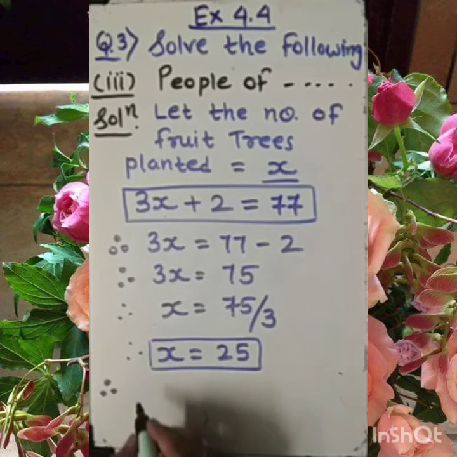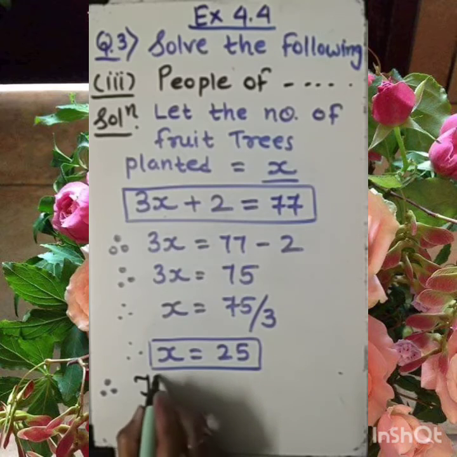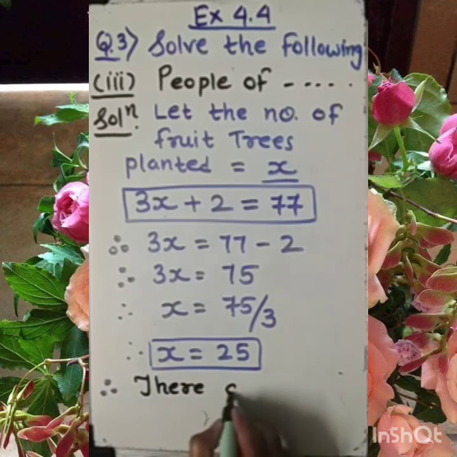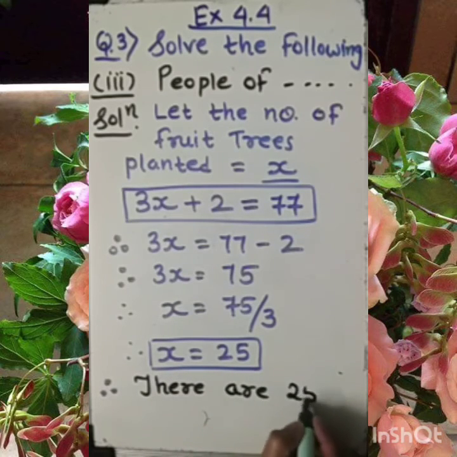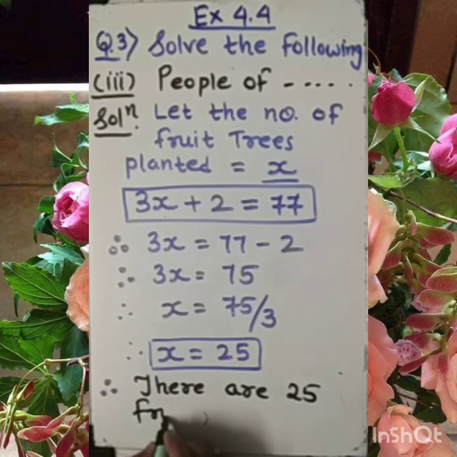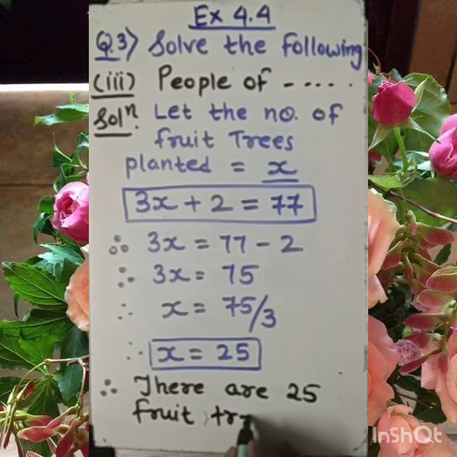So the answer is, therefore there are 25 fruit trees in the garden. Clear to you? This is the complete solution of exercise 4.4.